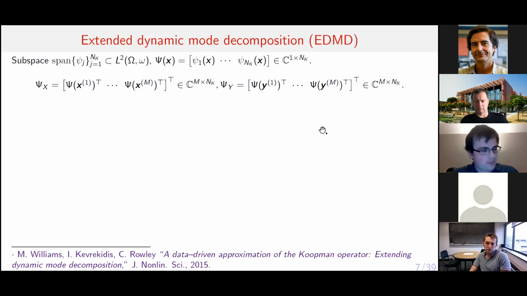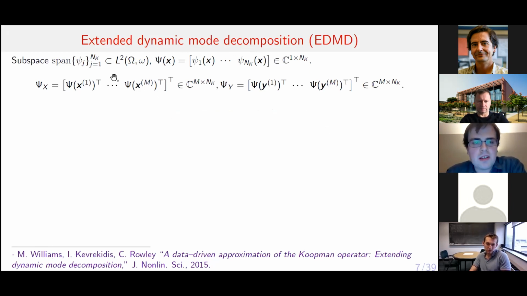Okay, so I'm going to start off by looking at something called extended dynamic mode decomposition. So a lot of you are probably familiar with dynamic mode decomposition, which I won't describe, but you can view the extended version as a generalization of that. And this goes back to a paper of Williams and co-authors in 2015.